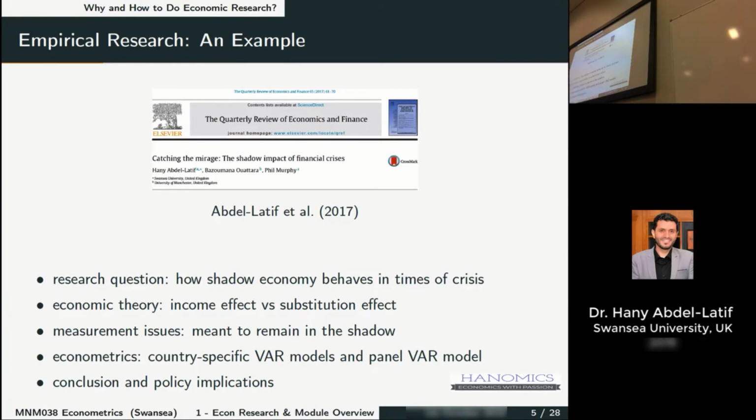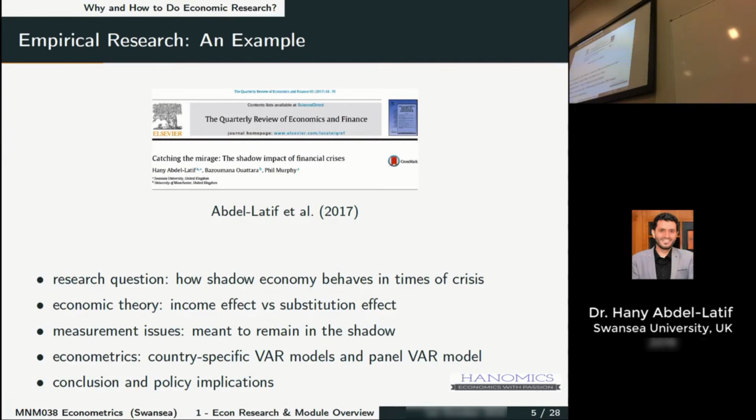In this paper, we ask the question: how does the shadow economy, when we talk about the shadow economy, we talk about the underground economy, or economic activities that are off the record. It could be anything, legal or illegal activities. Drug dealing is part of the shadow economy. Again, there are no records.